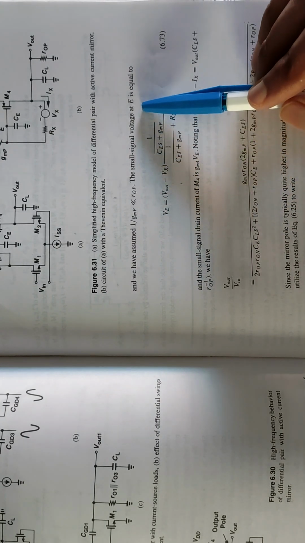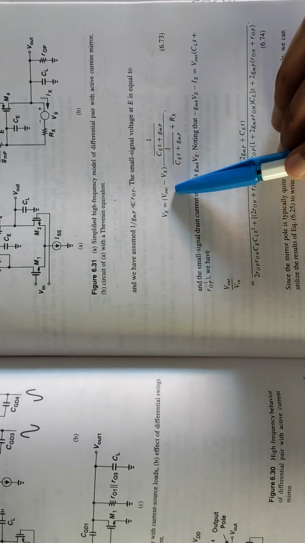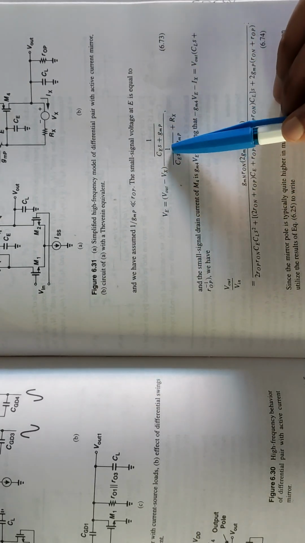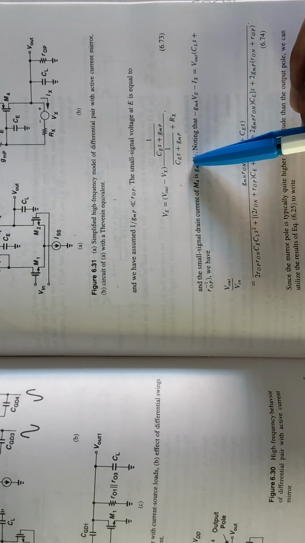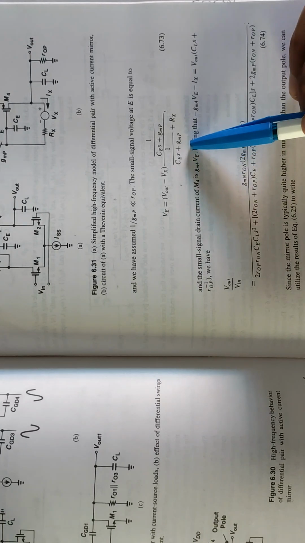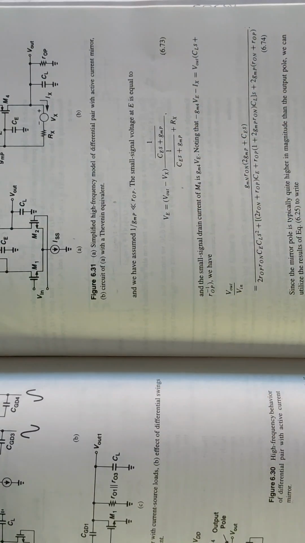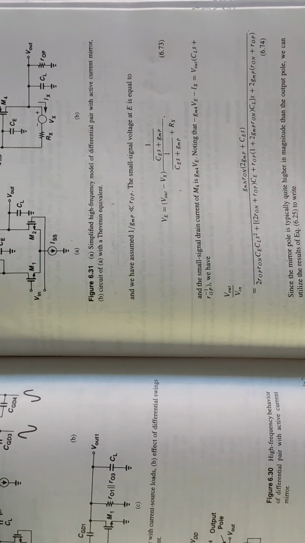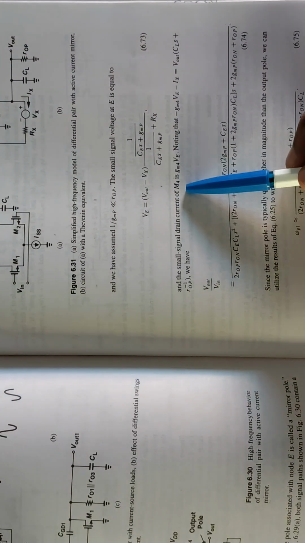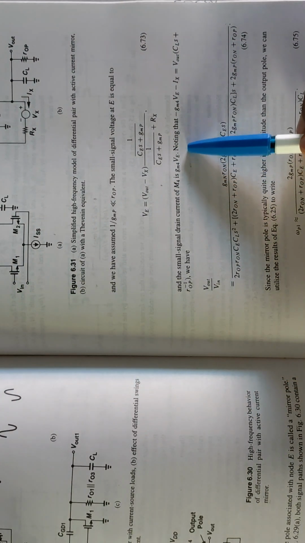The small signal voltage at E is equal to Vout minus Vs times 1/(CES plus GMP) over 1/(CES plus GMP) plus RS, and the small signal drain current of M4 is GM4 VE.